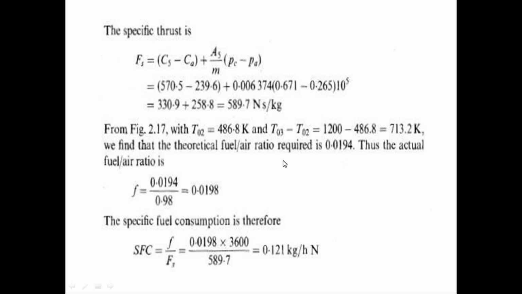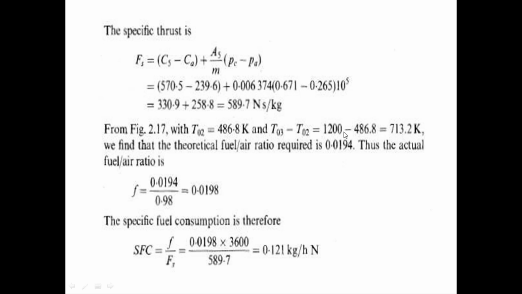Of course, you can find this from the same graph which we used for the chapter number 2 numericals, and from there you need to find out the combustion temperature rise, meaning how much the combustion chamber temperature has risen. So this is equal to 713.2 Kelvin.